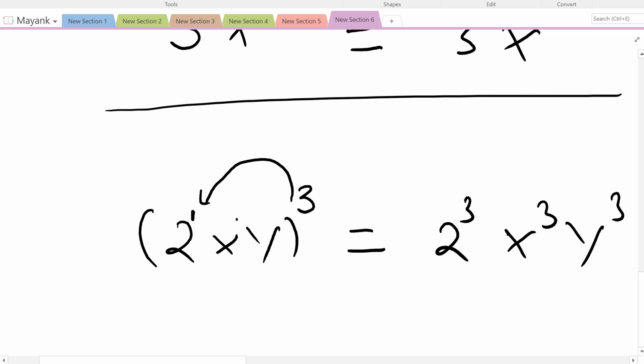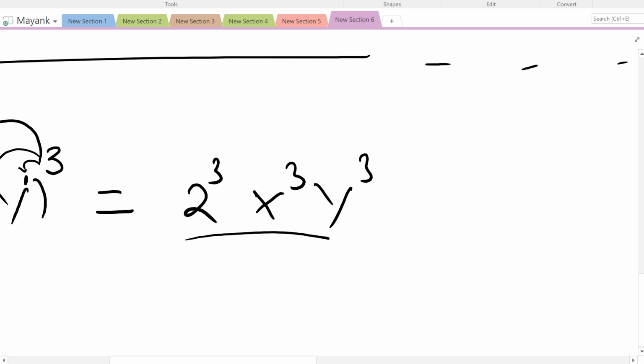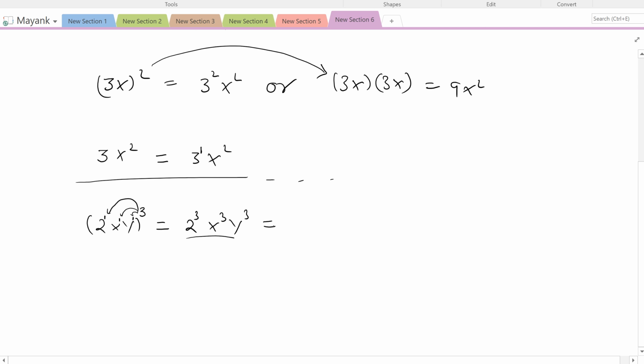If there's nothing, we always assume it's 1. So 3 times 1, 3 times that 1, and this 1, and you're going to get 3, 1 times 3, 1 times 3, 1 times 3. Now you can expand it and simplify that. 2 cubed means 2 times 2 times 2, which is 8.